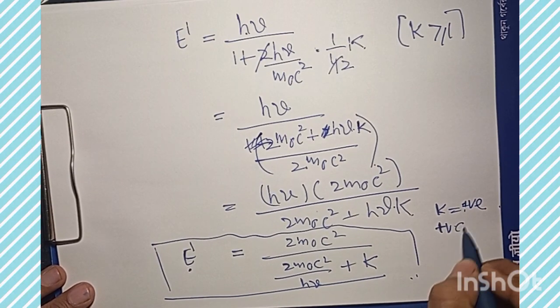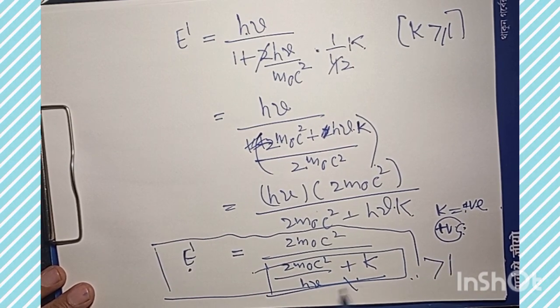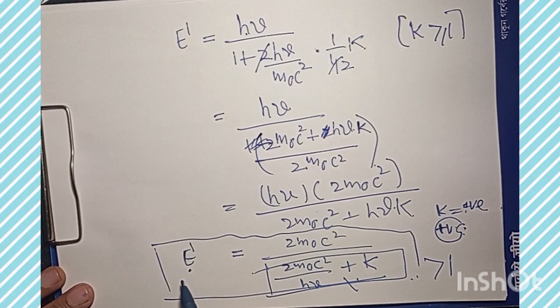It means the maximum value for E dash for the scattered photon is twice m naught c square. So the denominator, twice m naught c square by h nu plus k, is always greater than 1, and if this is always greater than 1, that means E dash is always less than twice m naught c square, however large the value of energy of the incident photon will be.